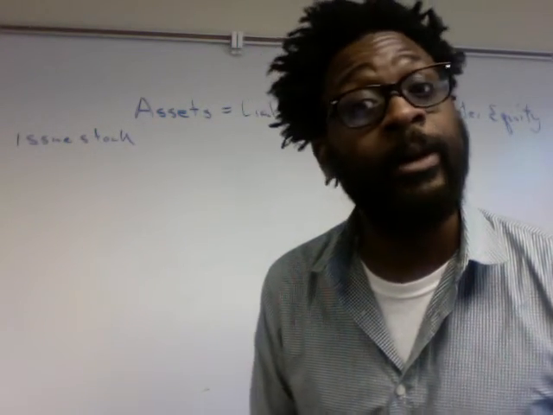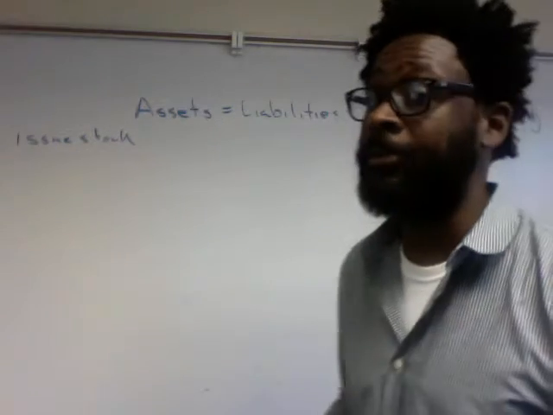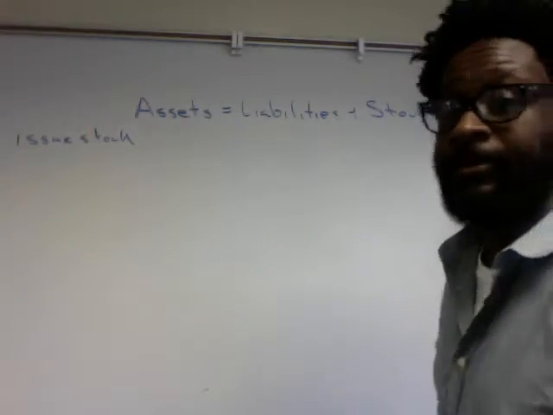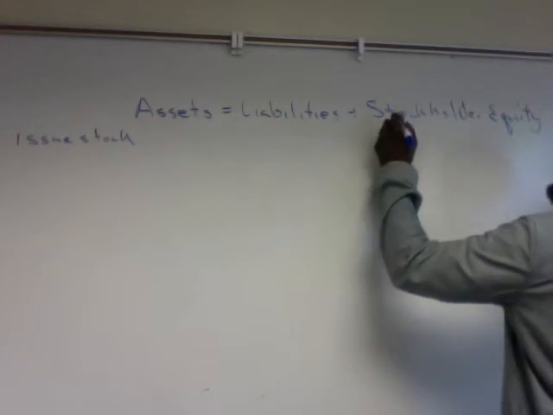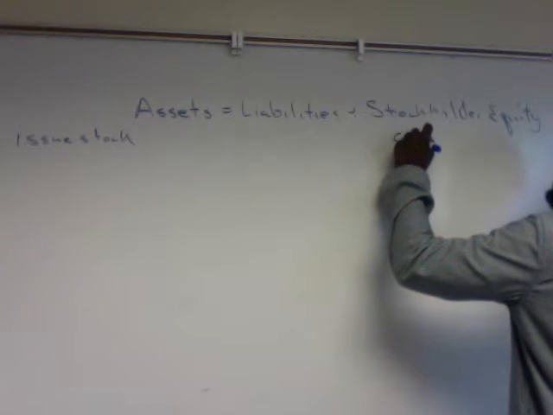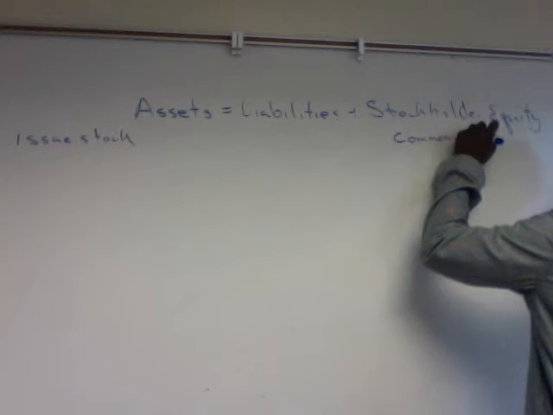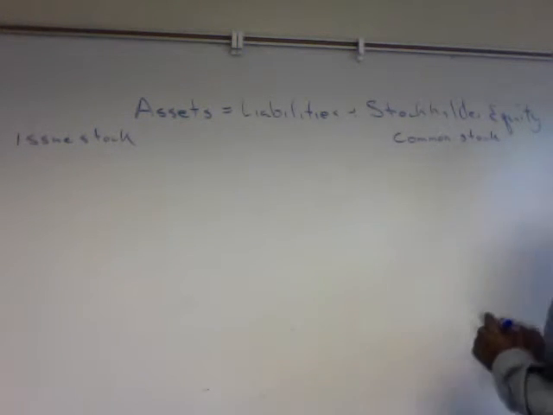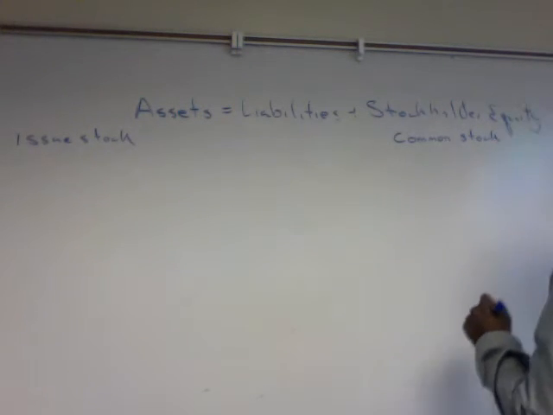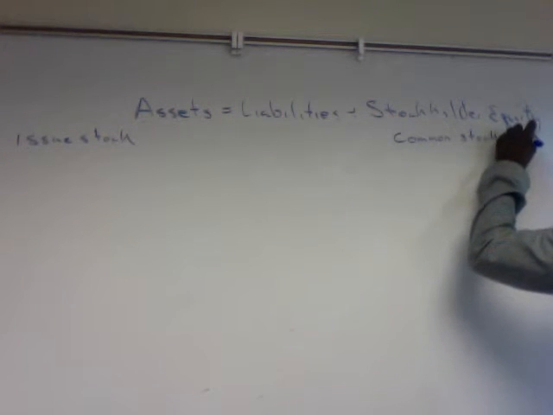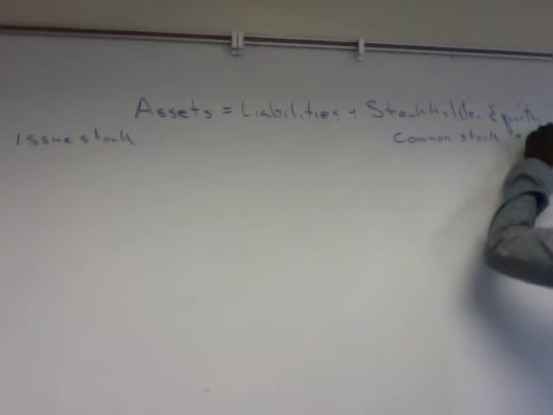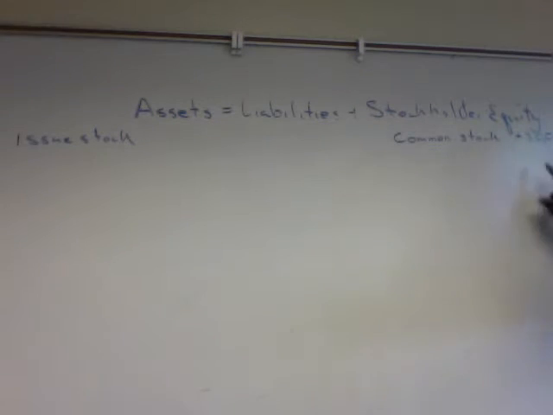Our common stock account. Common stock is a part of paid-in capital, and paid-in capital is a part of stockholders' equity. So our common stock account is the account that's being affected, and it's increasing our stockholders' equity by $30,000. So our stockholders' equity went up.